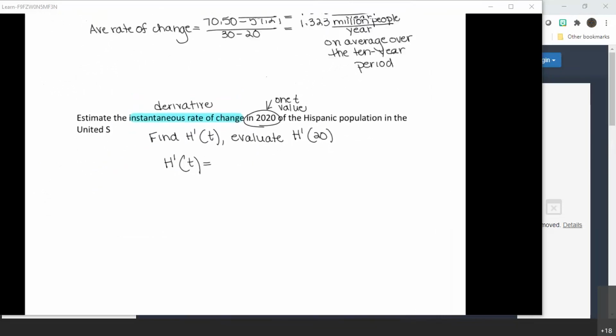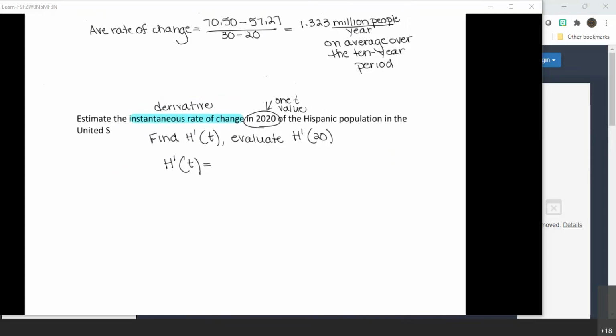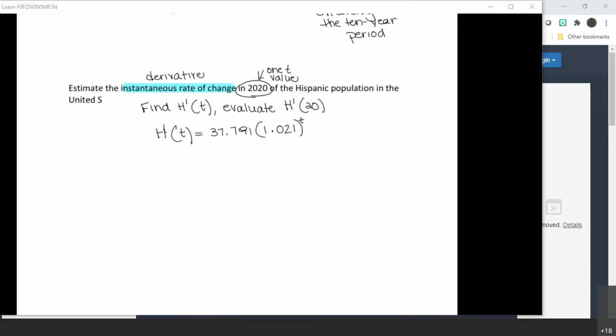I have an exponential function. Let me just write it again down here so everybody can see what we're working with, because for some reason, folks are not quite as comfortable with exponentials. So here's my exponential function before I take the derivative of it.